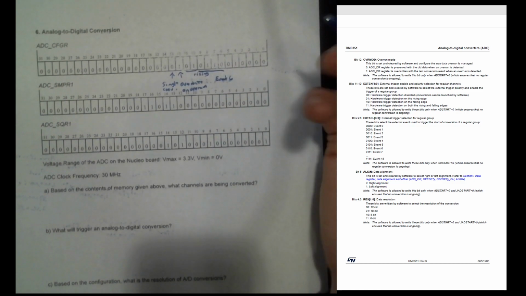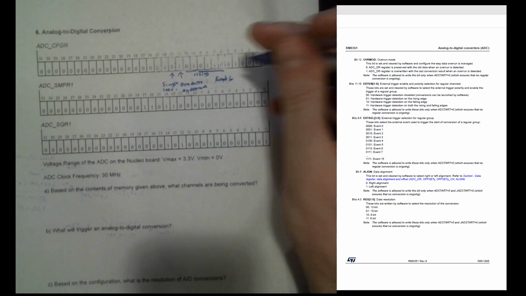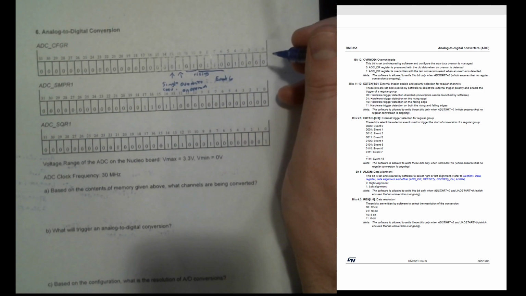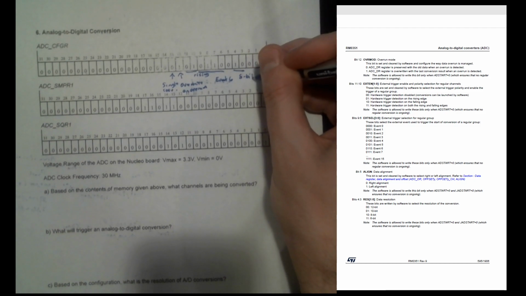We're probably going to have to look up what that means. We'll find that in the manual. Then data alignment is a 0, so right aligned. Data resolution, in this case bits 4 and 3, is 1, 0, and that means we're doing 8-bit conversions.